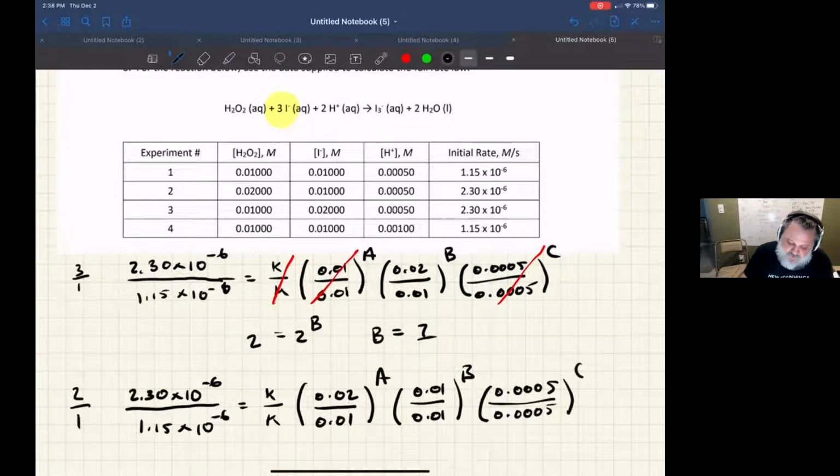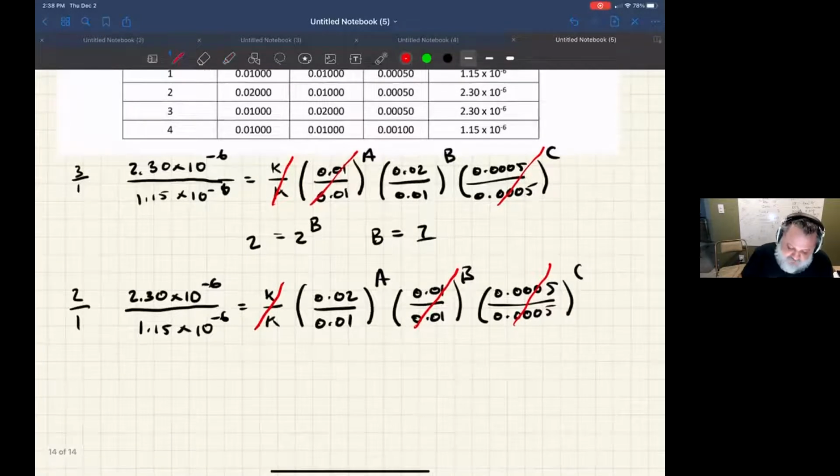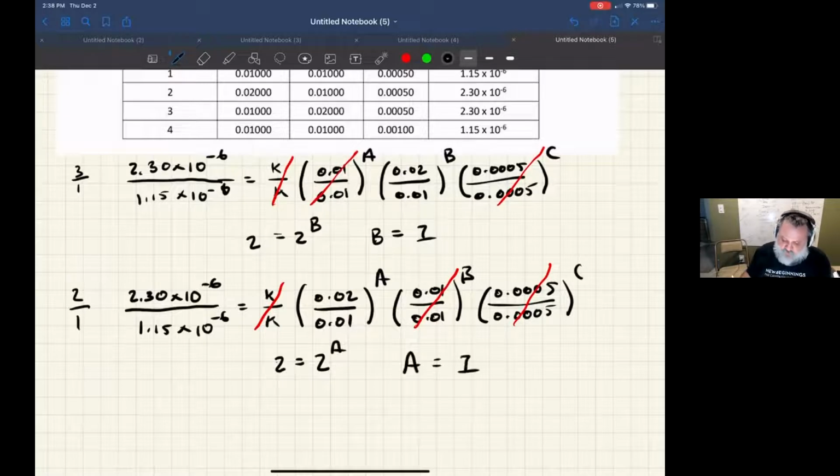That's to the C power. That's going to cancel as well. So this one goes away, this one goes away, that goes away. I'm just left with what I need in order to solve for A. So what do I get for A? I get 2 equals 2 to the A. So A must also equal 1.